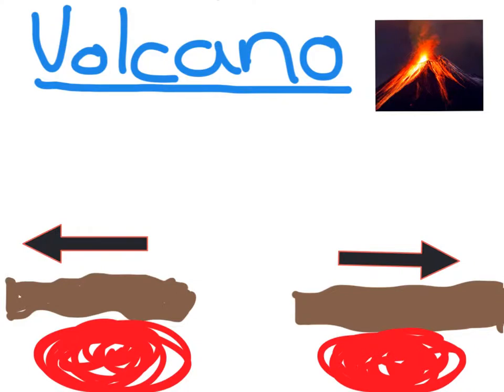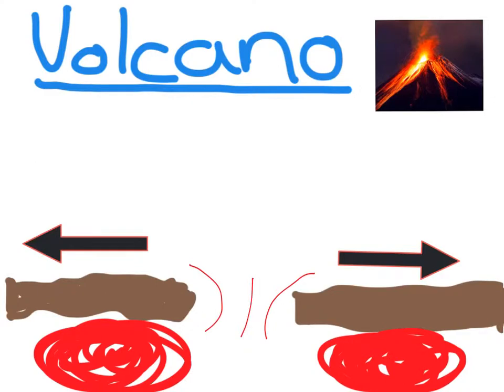Now, we're going to talk about what geological phenomena may occur at these divergent boundaries. First of all, we have volcanoes, and I'm going to show you how that would happen. In the last demonstration, you saw the lava coming out here.